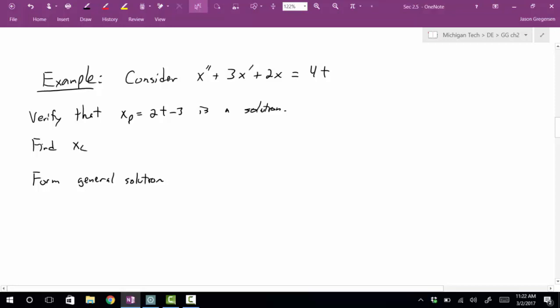All right, step 1 here. I am telling you x sub p is 2t minus 3. But is it really? Is that really a solution to this differential equation? Go ahead and verify that. Take the derivatives, plug it in, see if you get a true statement in this non-homogeneous problem.